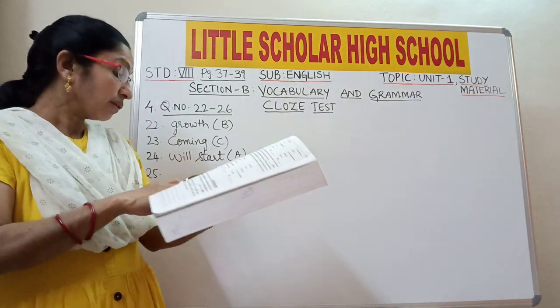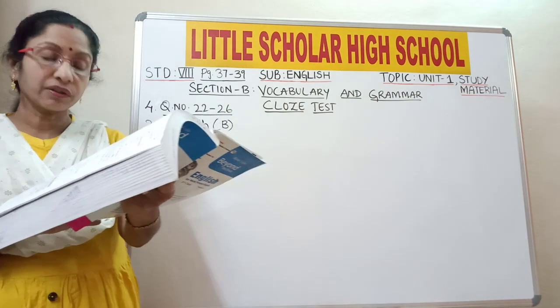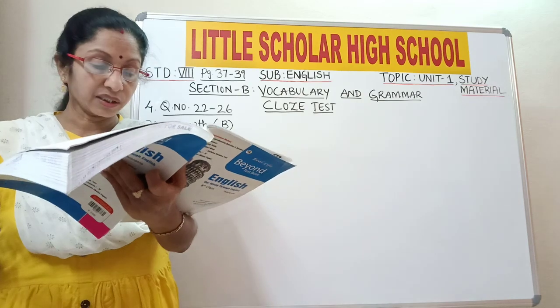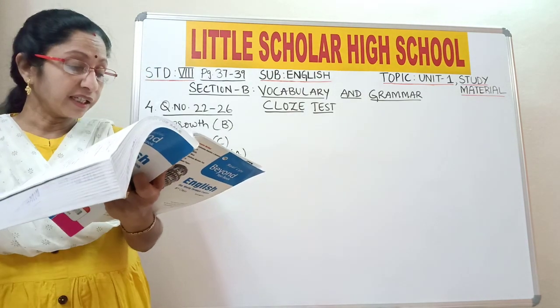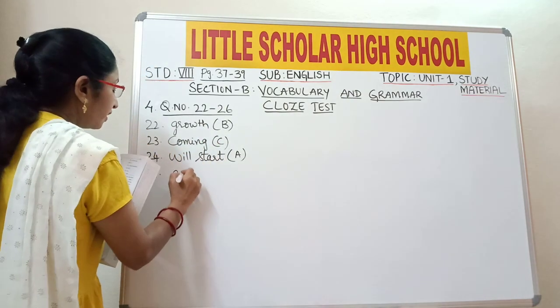Here, question number 25 is: green dash upright. The options are A. but, B. since, C. or, D. and. So they are still firm, green and upright. The answer is and, option D.